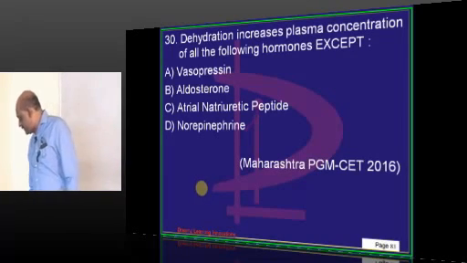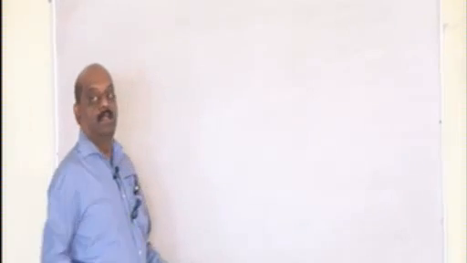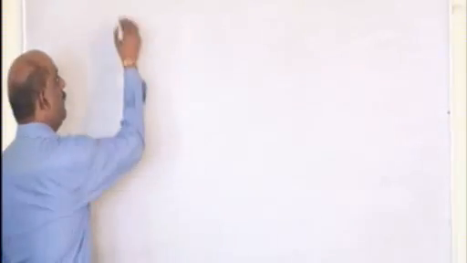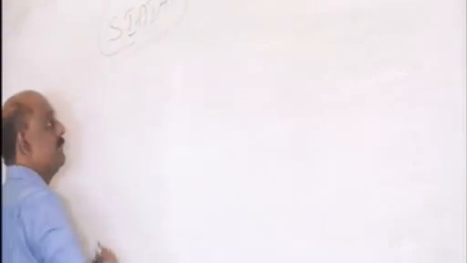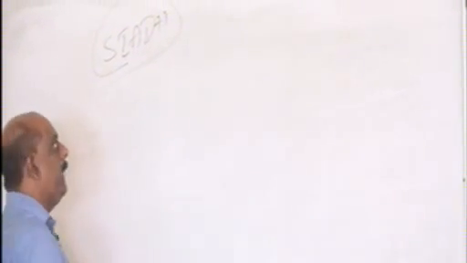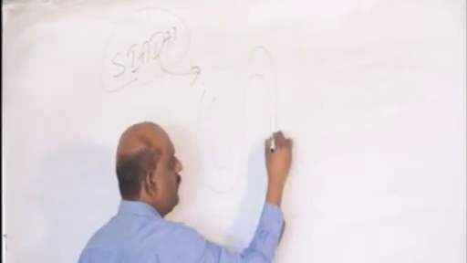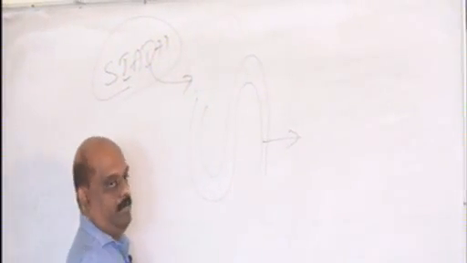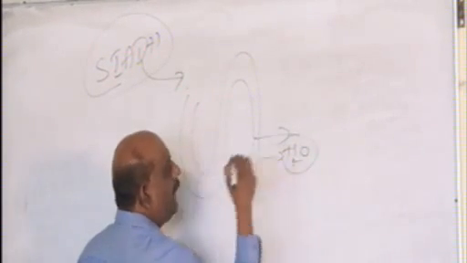Atrial natriuretic peptide. You know SIADH? Syndrome of inappropriate ADH secretion. Whenever ADH is inappropriately produced, what will happen in the renal tubules? Antidiuretic hormone, so water becomes retained in the body.